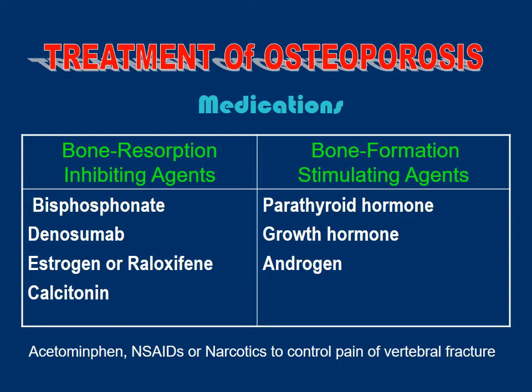On the other hand, the bone forming drugs are mainly parathyroid hormone or teriparatide and growth hormone. In the medical treatment we also have analgesics like acetaminophen or NSAIDs to control pain of vertebral fracture. That's the medical treatment for osteoporosis.